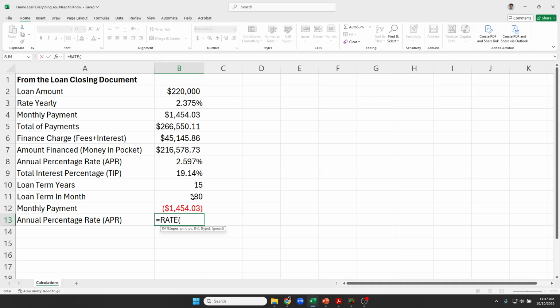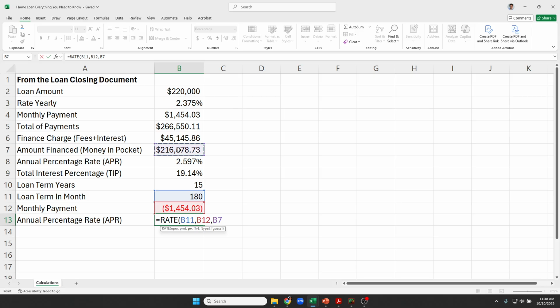So to calculate APR, when you use the rate function, it will ask for the number of periods, which is 180, comma. It will also ask for your monthly payment, comma. In the present value, you don't select that 220,000 because that's not what you got in your pocket.